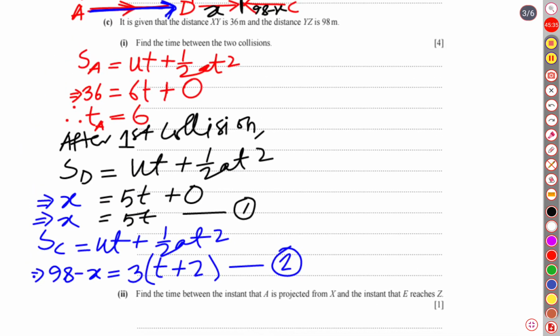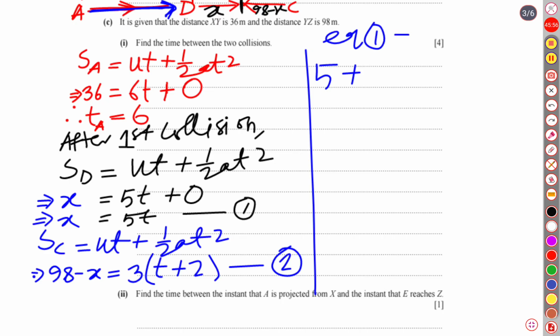The total distance traveled by them is what? The first equation was 5t. So 5t plus, we can write equation 1 plus equation 2, whatever you take.